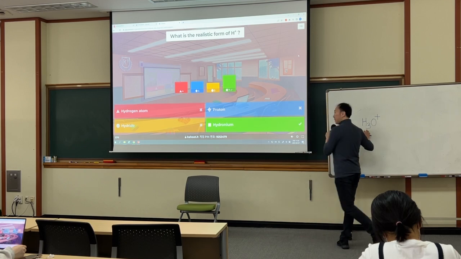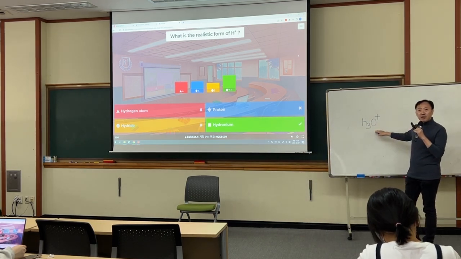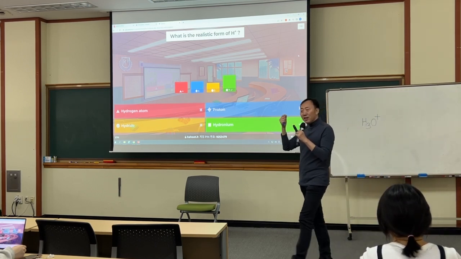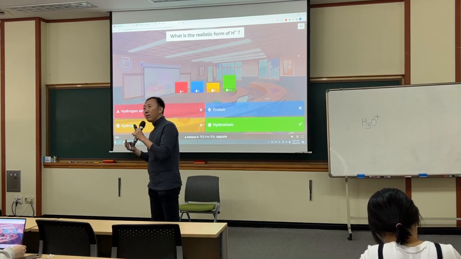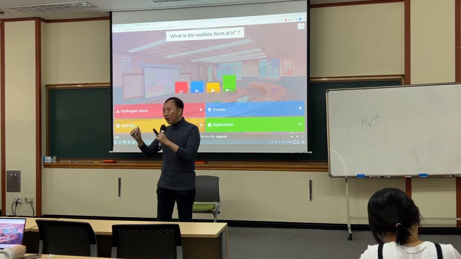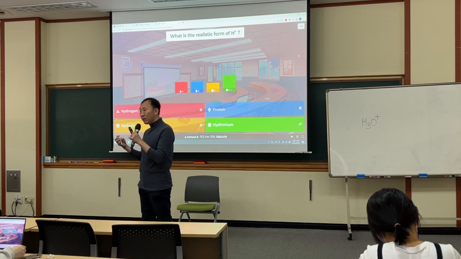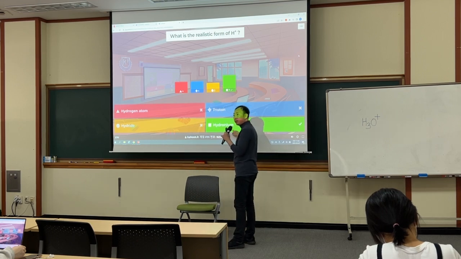So this is the realistic situation in a water environment. H plus is difficult to exist. It's just one nucleus. That's why it is attached to a water molecule. For convenience, we say H plus, but most likely it is the H3O plus form. And the name of it is hydronium.